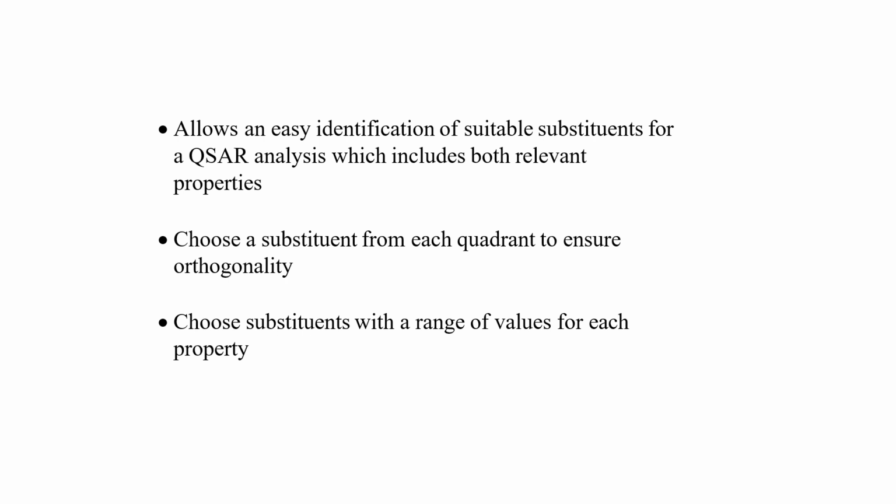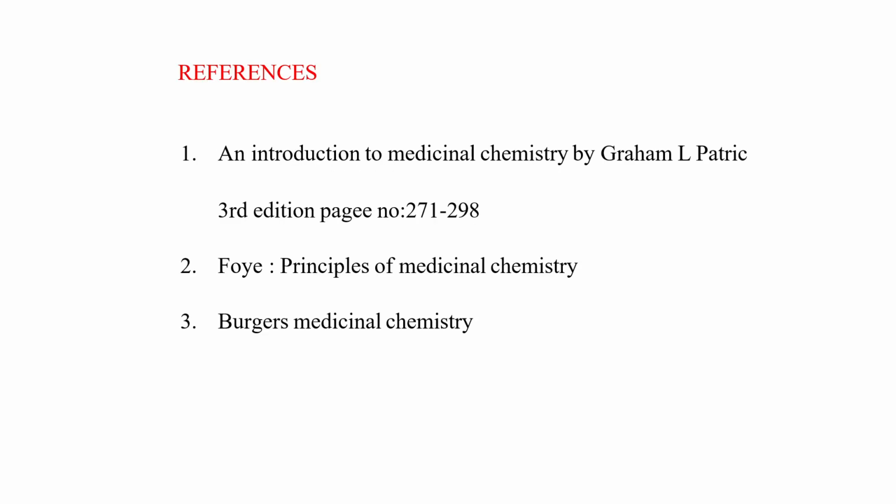This equation allows an easy identification of suitable substituents which are required for the QSAR analysis, and which will include both relevant QSAR properties as well as physicochemical properties. Then choose a substituent from each quadrant to ensure orthogonality, and choose substituents with a range of values which will give each significant property.